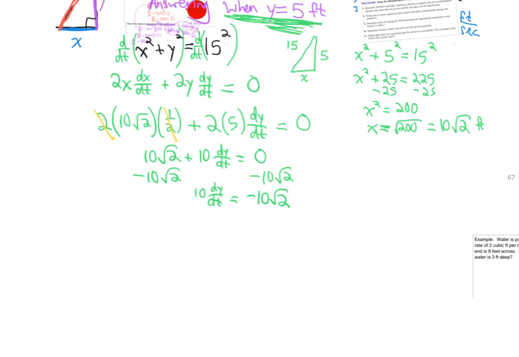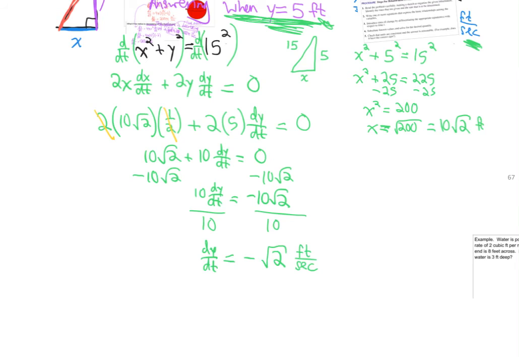So finishing the solving of this equation, if we divide by 10 on both sides, we get that dy/dt is equal to negative root 2. Again, we need to remember the units. What was this? It was feet and seconds. There it is over there. So dy/dt is negative root 2 feet per second.